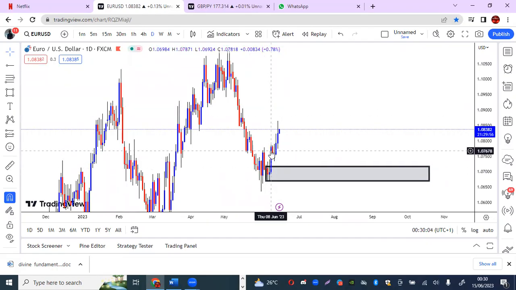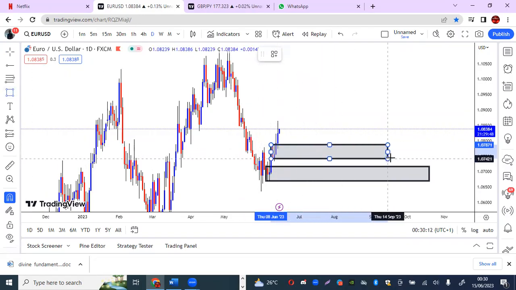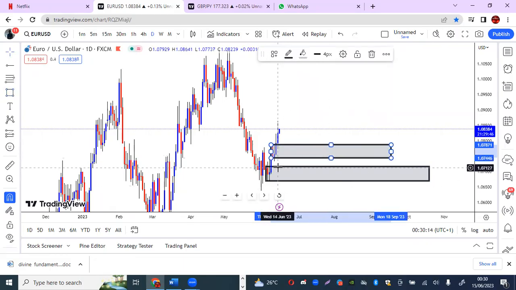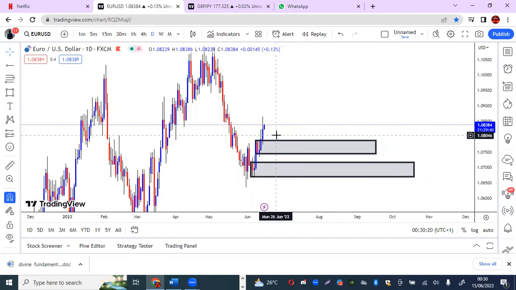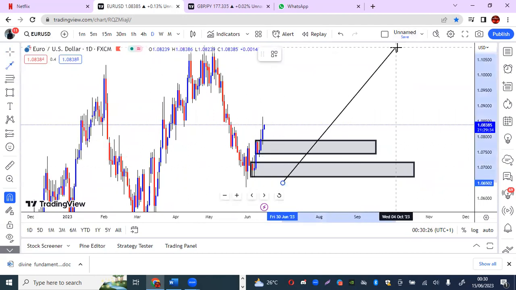Now, we also have what we call a continuation pattern, CP. This is the base, right? We already have one base, and any other zone above it is a CP, continuation pattern. Price does not just move straight like this.